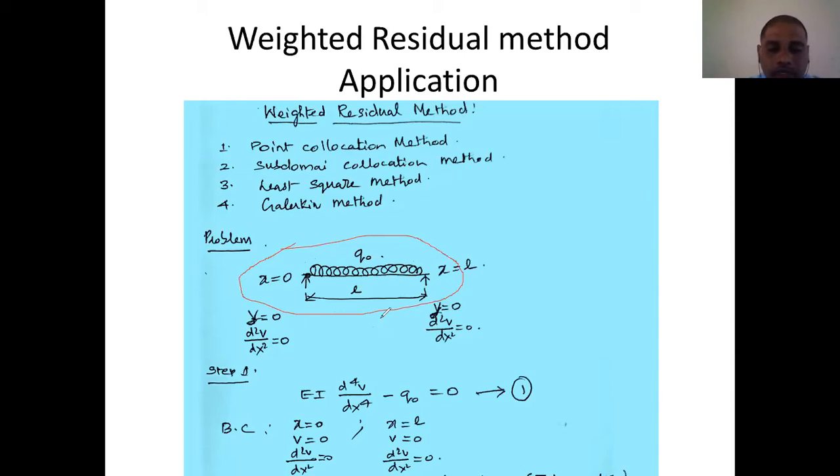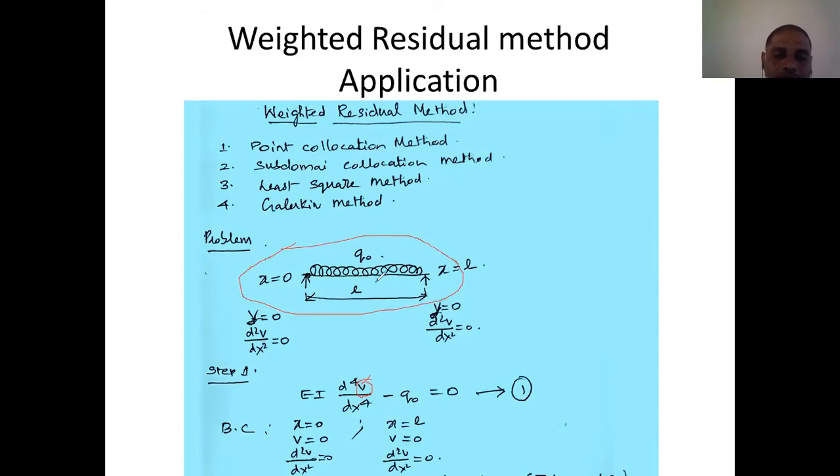We discussed earlier what the governing equation is for this, using the laws of solid mechanics from the strength of materials. EI d^4V/dx^4 minus q0 is equal to 0, where V is the vertical deflection of the beam at any particular location. dx indicates the variation of locations.